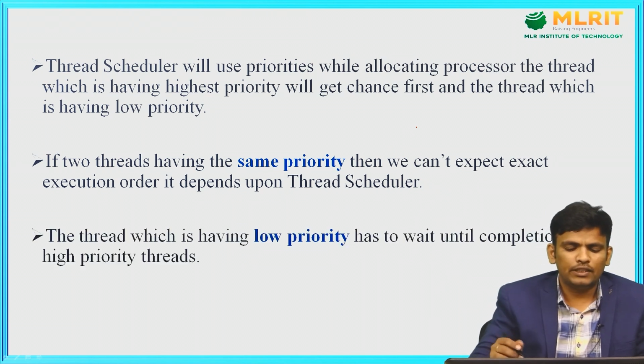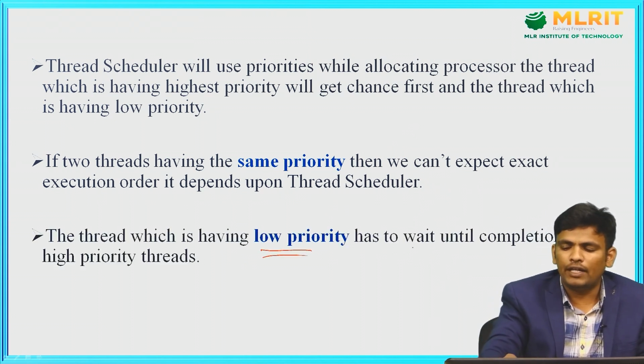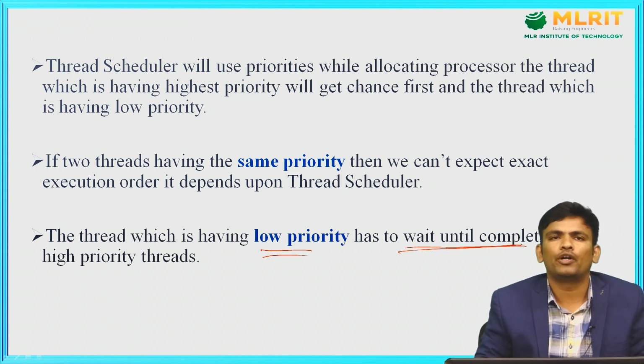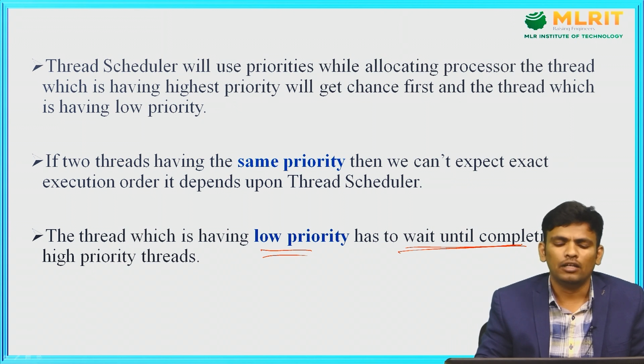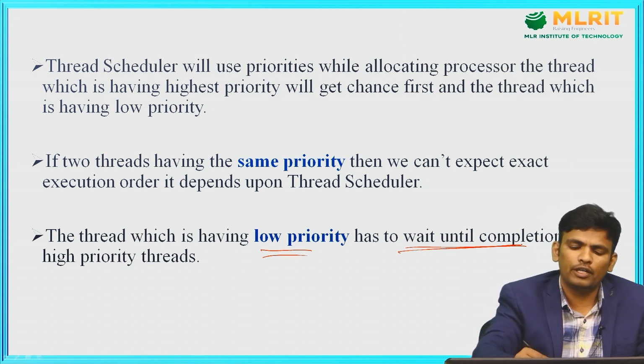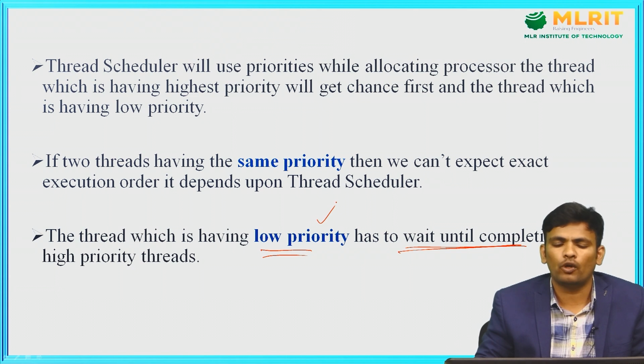The thread which has low priority has to wait until the completion of the high priority threads. Suppose a thread has priority 1; the low priority thread must wait until the completion of the high priority threads.